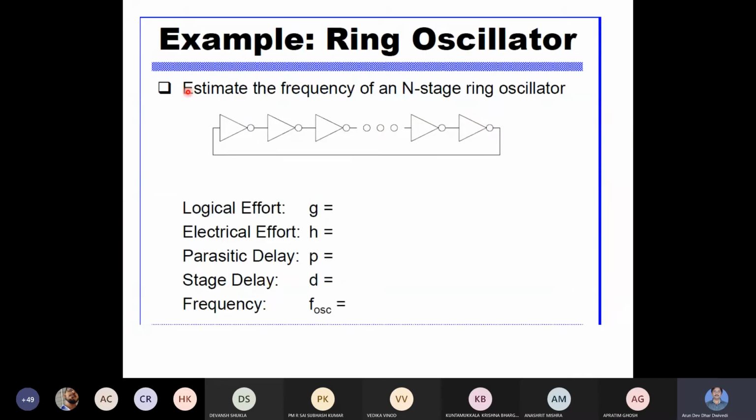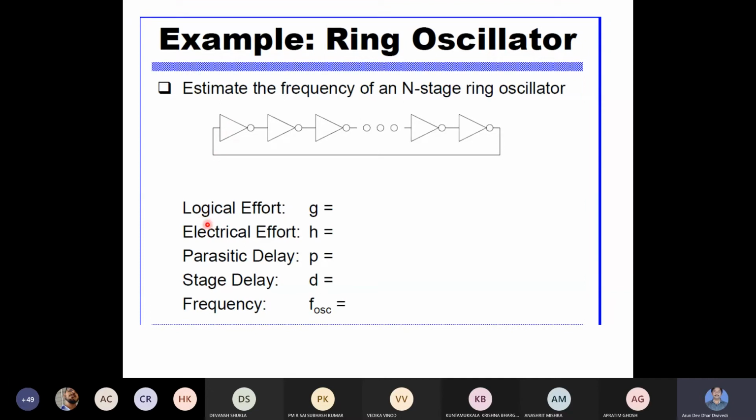Here is an example: estimate the frequency of an n-stage ring oscillator with the help of logical effort and the other efforts. Here there is one inverter, a second, a third, and up to n stages. The n stage inverters are connected in series, and the output is again connected to the input of the first one.